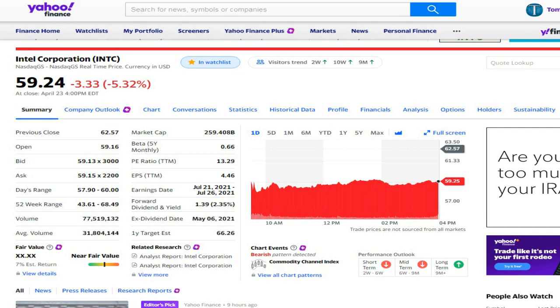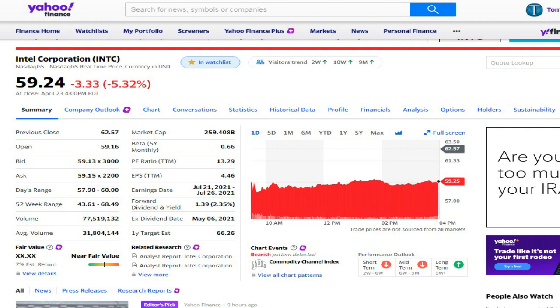So if the stock drops, say to $55, the forward dividend yield might go up to 3%. I haven't figured it out. I'm just saying that as the stock price goes down and they keep paying the same amount of money, the percentage that money is of the stock price increases.